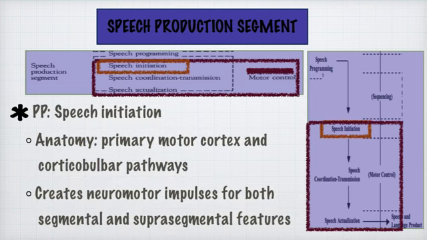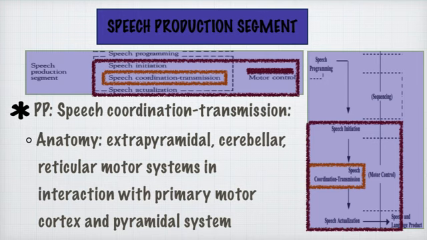The physical process involved in speech initiation creates the neuromotor impulses for both segmental and suprasegmental features. And then for coordination and transmission, it goes further down. The anatomy is the extrapyramidal, cerebellar, and reticular motor systems in interaction with the PMC and pyramidal system.